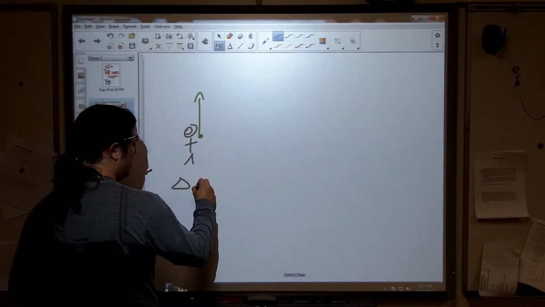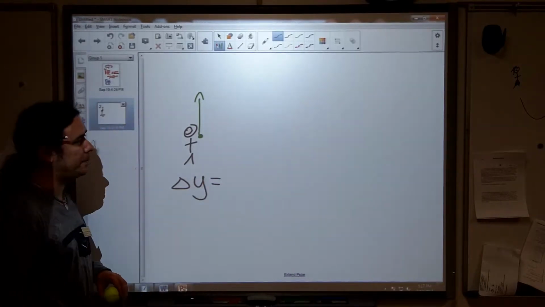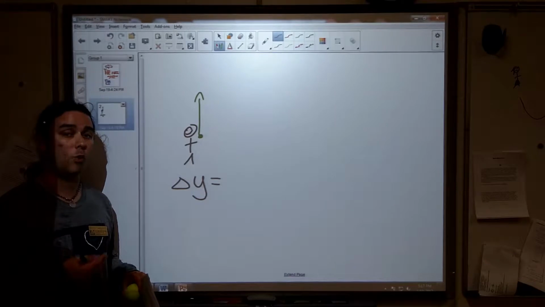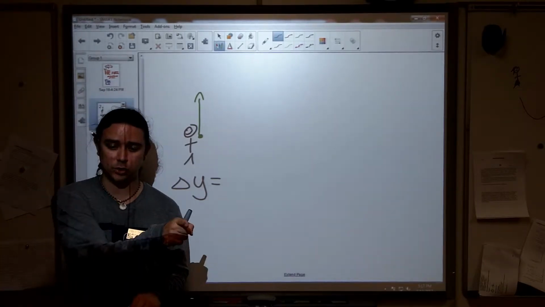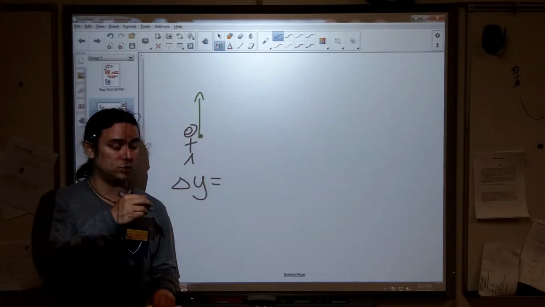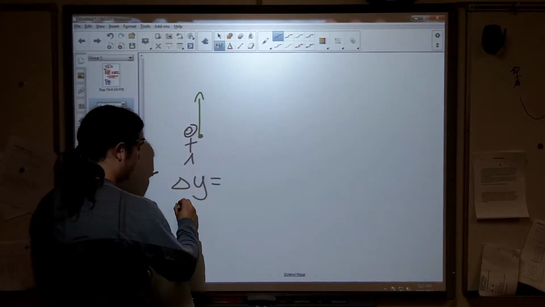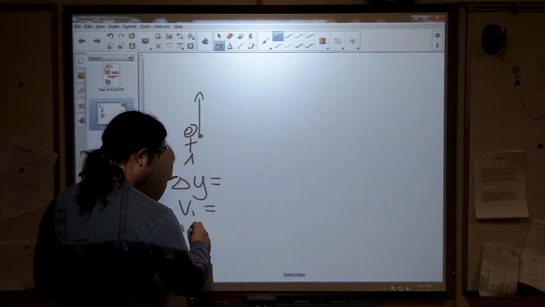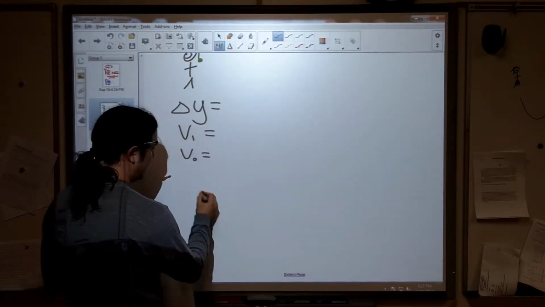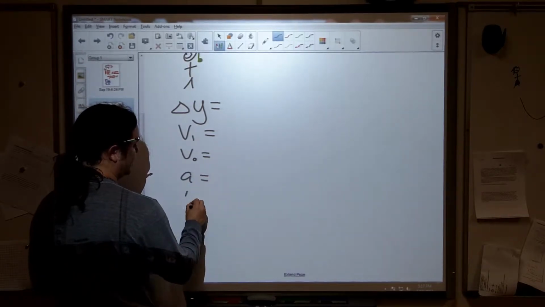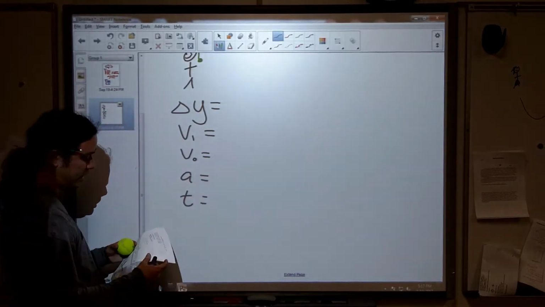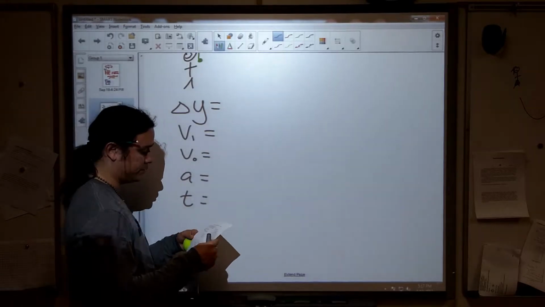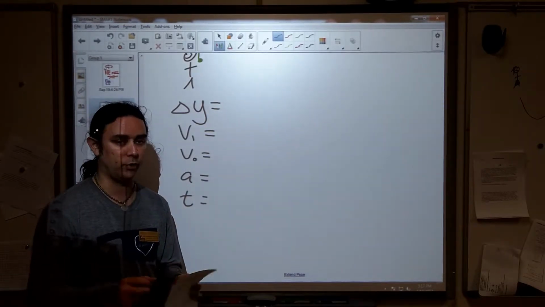It's a kinematics problem. So, since we're dealing with up and down, I'm going to call this delta y instead of x. X is usually horizontal, and y is usually vertical. So this is delta y. And we're going to do v final, v initial, acceleration, and time. Now, the acceleration they gave us is 9.8 meters per second squared, but they say it's the acceleration of gravity.